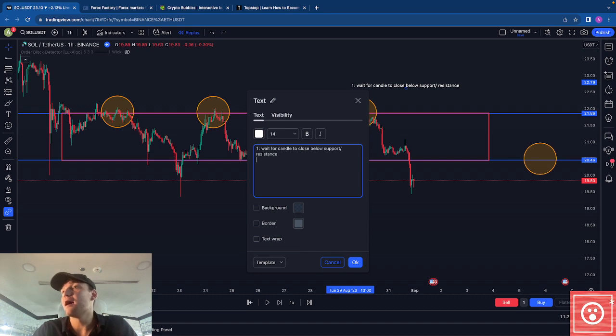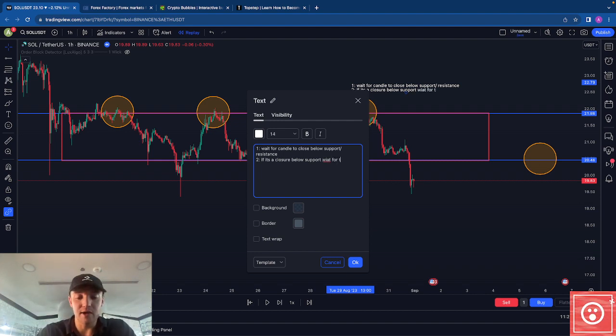Number two, this is important to understand. If it's a closure below support, you want to wait for a top wick first. I'll explain that now.